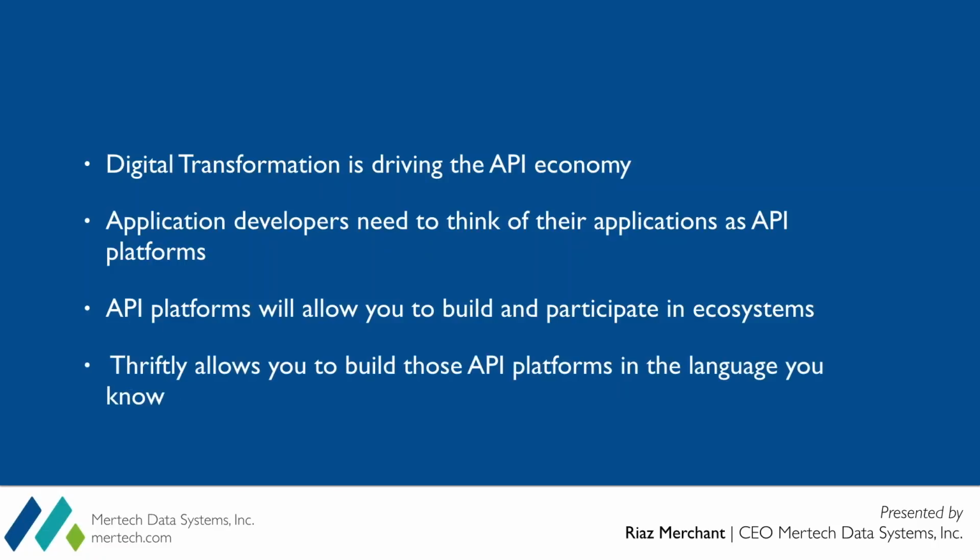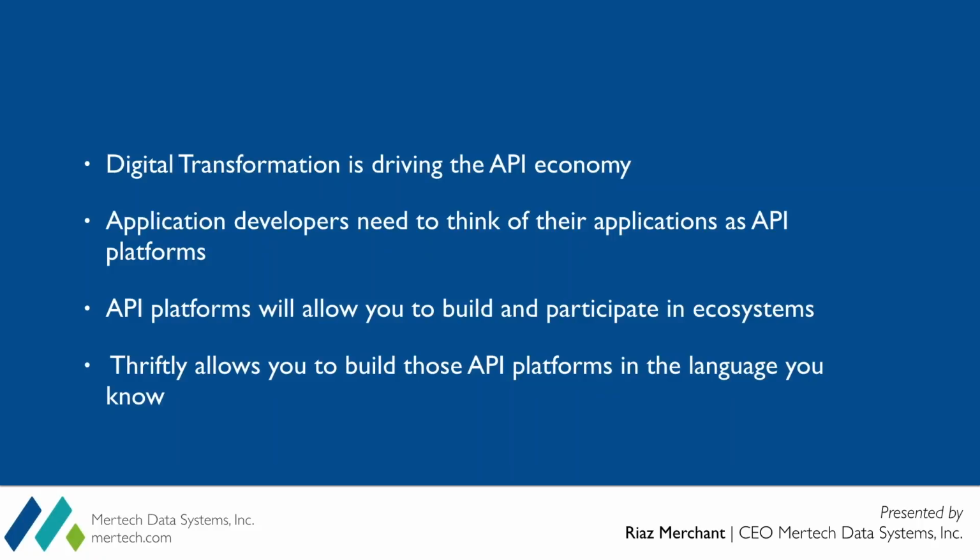Thriftly allows you to build those API platforms in the language you know. So we think that .NET and Java covers 70 or 80%, maybe more than that, of the Windows developers market. So that .NET includes C#, VB.NET, C++, whatever you might be using. And what we are saying is that you can start thinking about APIs and platforms and digital transformation.